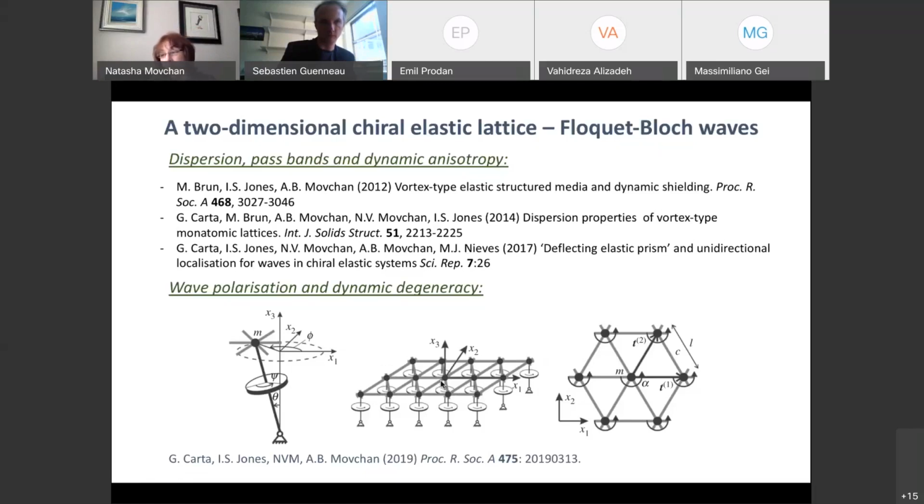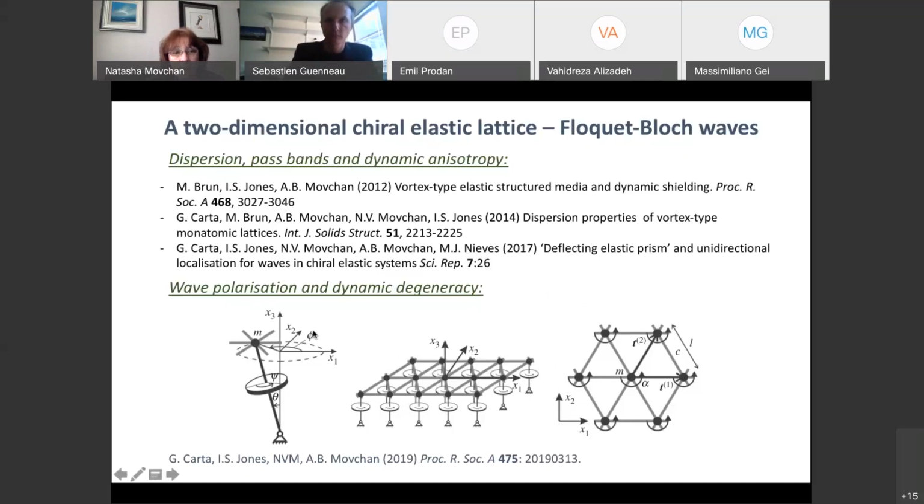The lattice is periodic and triangular, but we have now connected each mass to a gyroscopic spinner, which in equilibrium position stands vertically, as shown here, and rotates with some speed. Again, we will assume that the motion of the particles within the lattice is restricted to the x1, x2 plane.